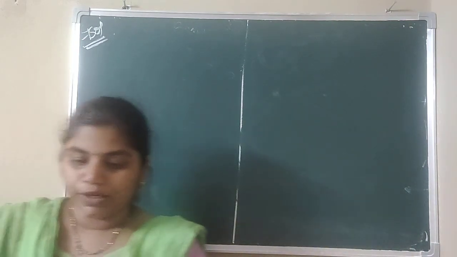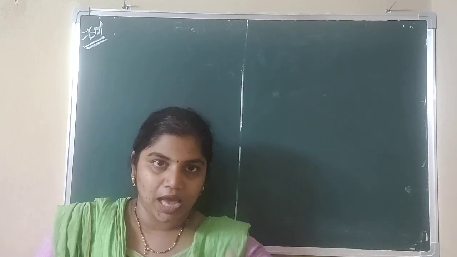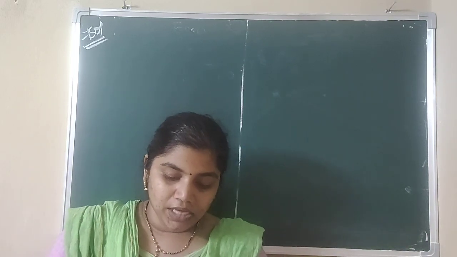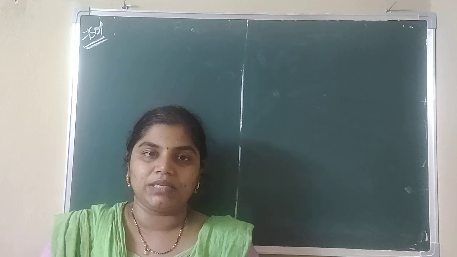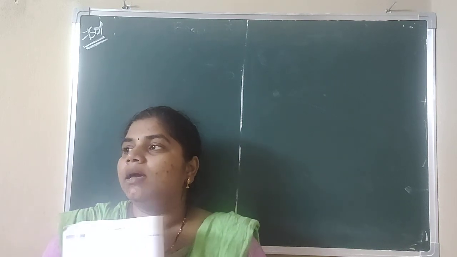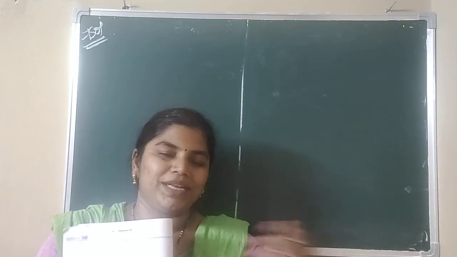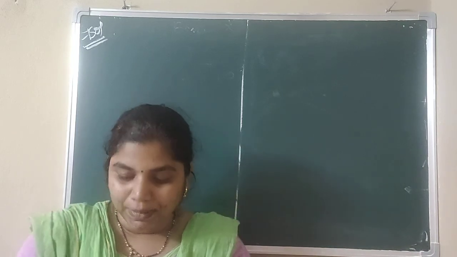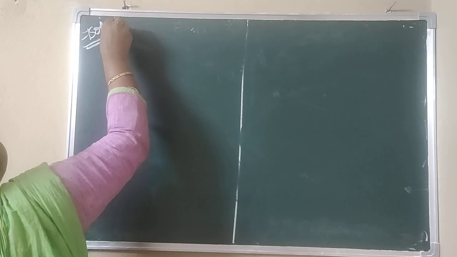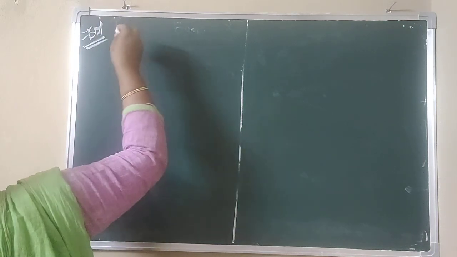What is the seventh equation? After 15 years, Mary's age will be 4 times her present age. Find the present age. We have to find the present age. We don't know the present age, so I am taking the present age as x.